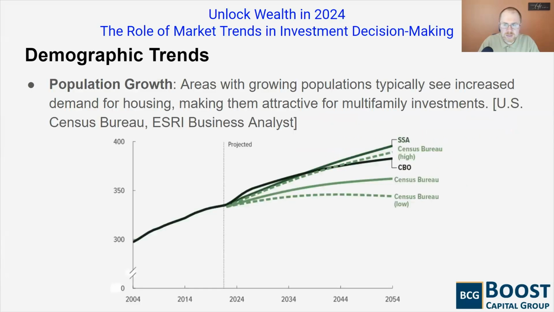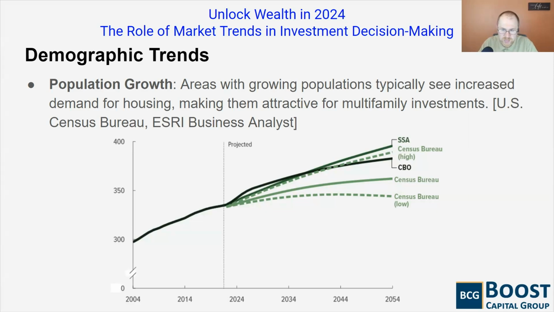Demographic trends. We spend a lot of time talking about the population growth, a very important factor, in the past calls. But again, that's something you want to keep an eye on. This is the national numbers. You have different projections from the Census Bureau as well as CBO and SSA. And you can see that it is projected that the population is going to continue to grow in America, which is good. It's healthy for the economy.